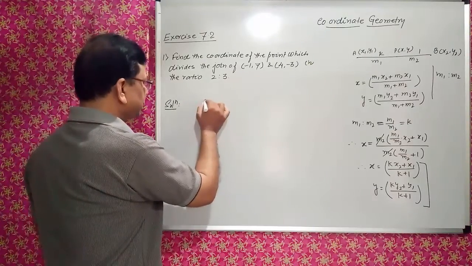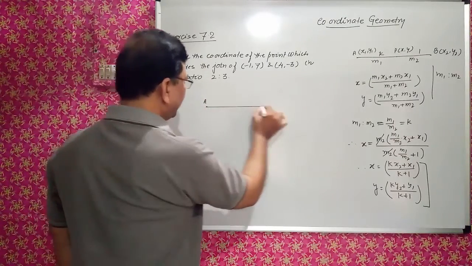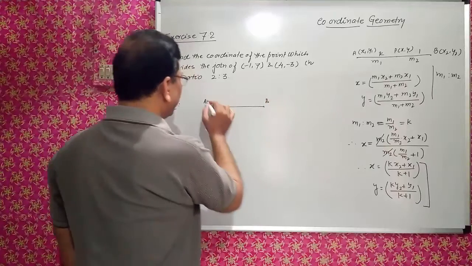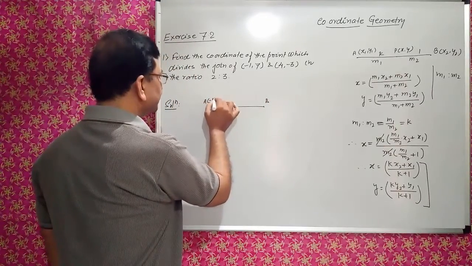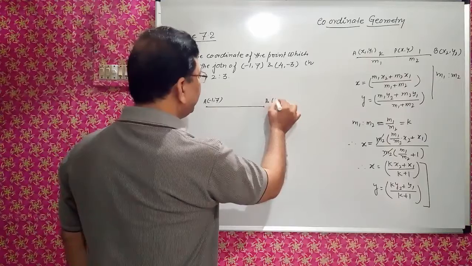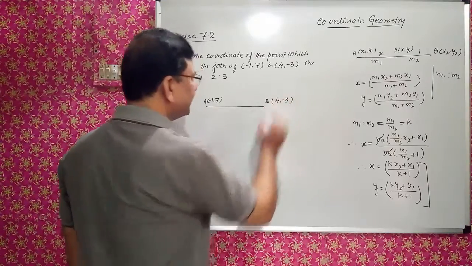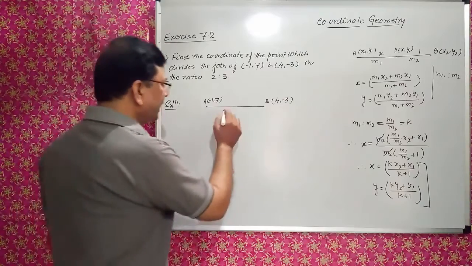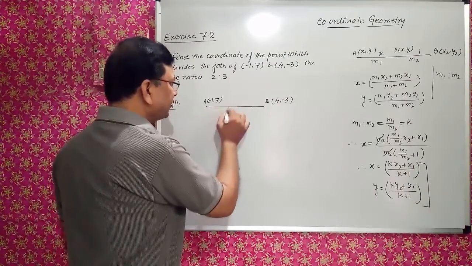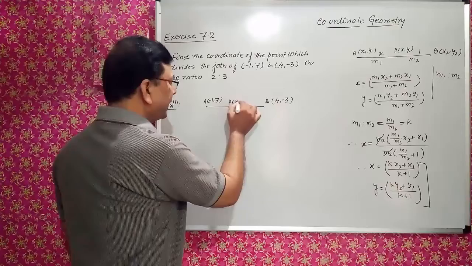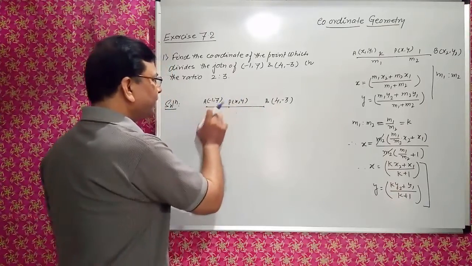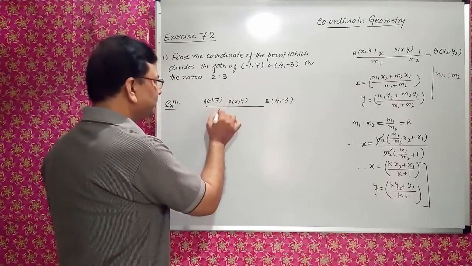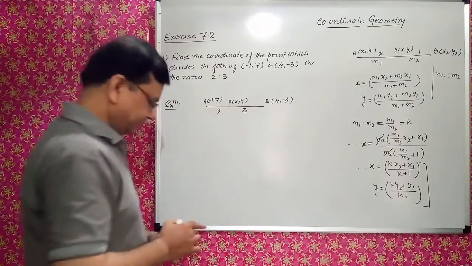Suppose this is A and this point is B, and A is (-1, 7) and B is (4, -3). 2 points I take as it is given over here, and we have to find the coordinates of the point. Suppose it is P(x, y), and this point divides this line segment in the ratio of 2 is to 3.